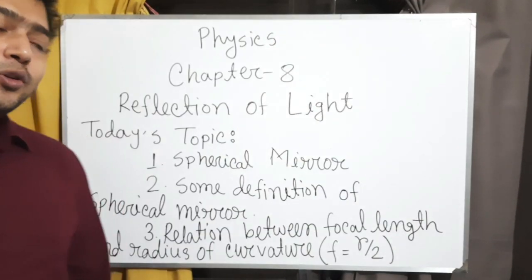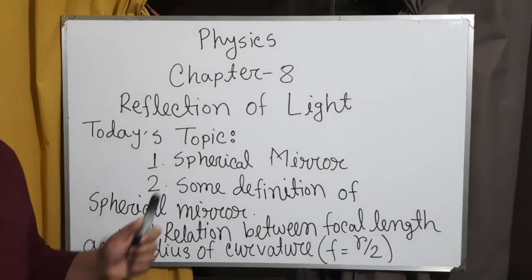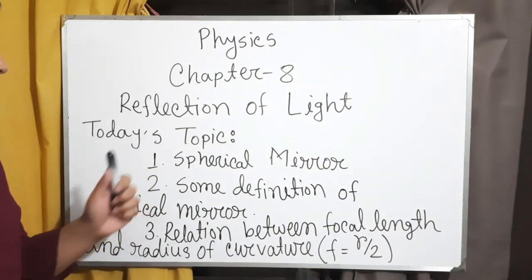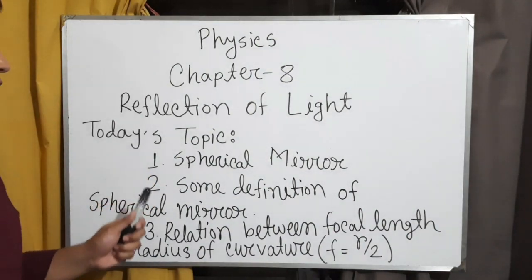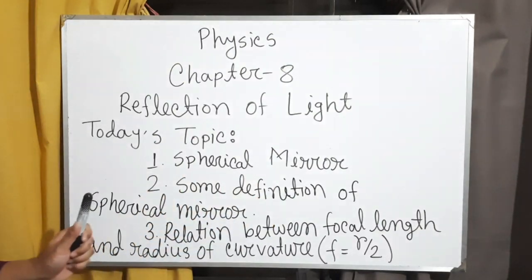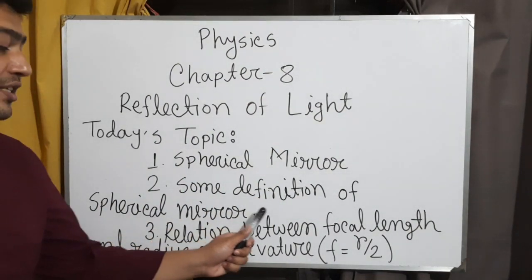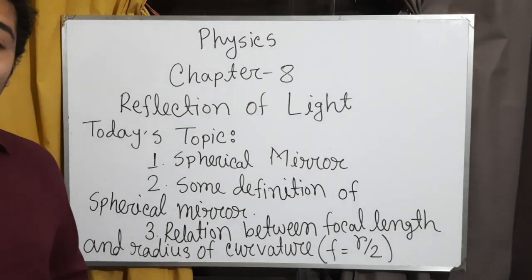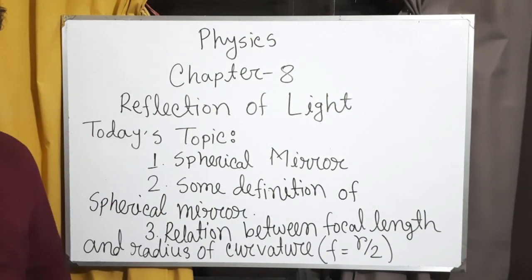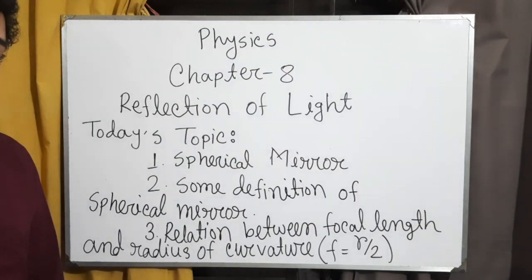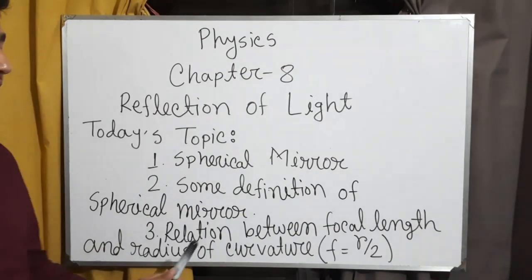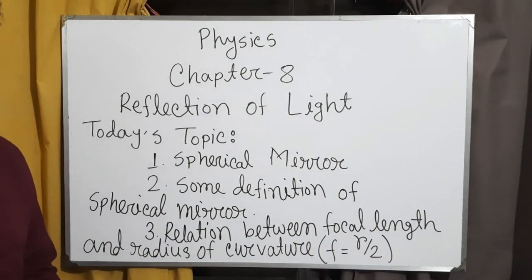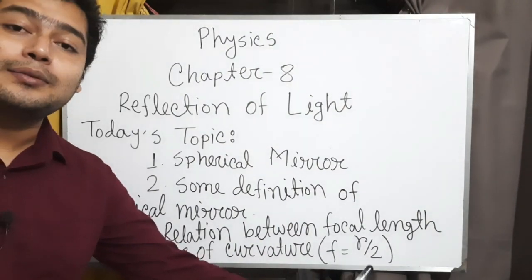Today we will discuss some of the most important topics for studying spherical mirrors. The first topic is the spherical mirror, and the second topic is some definitions of a spherical mirror. These definitions help you to study the spherical mirror very well. Our third topic is the relation between focal length and radius of curvature, f equal to r by 2.